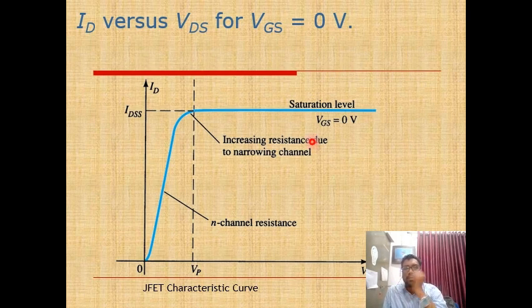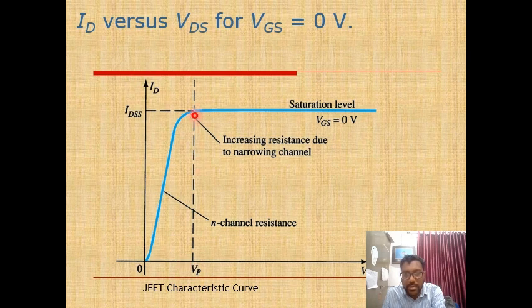Now this is the characteristics curve for JFET, where we can see the x-axis is VDS and the y-axis is ID. Starting from 0, it is increasing gradually. The VDS is increasing gradually till the VP value, the pinch off voltage value.